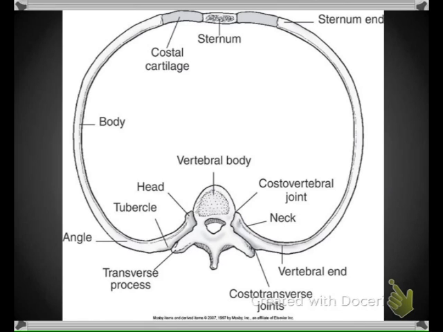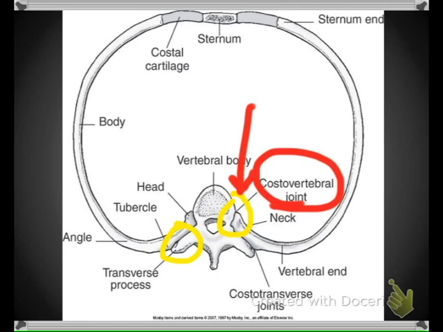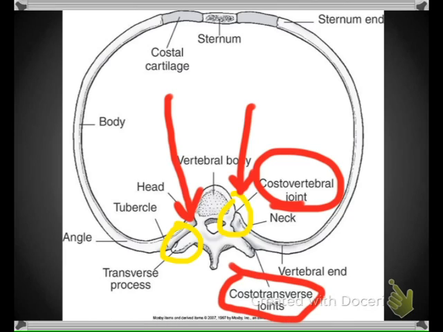Additionally, this image does provide us with a means of looking at the vertebral body and the vertebrae in general, and looking at the articulations that happen here. Once again, we do have this articulation, and we do have an articulation here. This articulation is the costovertebral joint, and this articulation is the costotransverse joint.